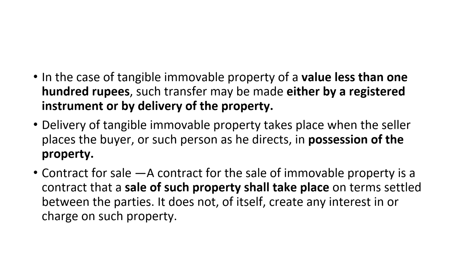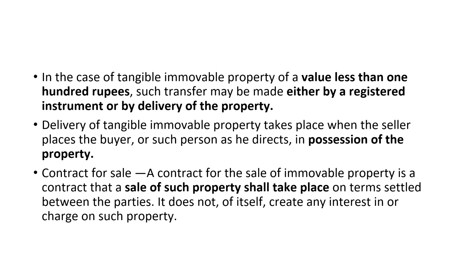So here, delivery of tangible immovable property takes place when the seller places the buyer, to whom he is going to sell, in possession. The last part of the bare provision is contract for sale.